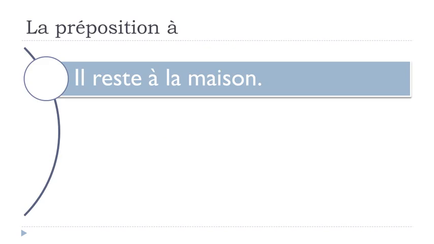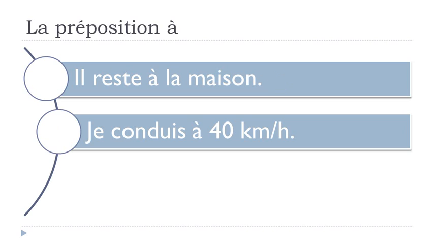So, a few examples. The first one, if you want to translate it with this at, would be il reste à la maison. Rester is to stay. In that case, we construct it with à. Il reste, he stays, à la maison, at home. Second example, we could use conduire, to drive, and when you want to introduce the speed, in that case 40 km/h, you would use this à.